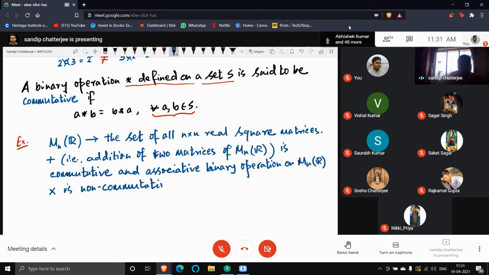And what about associativity? Is matrix multiplication associative? No, sir. Matrix multiplication associative or not? Just think, take some time, think. It's associative. You have read matrix theory, I guess, in your plus 2 level.